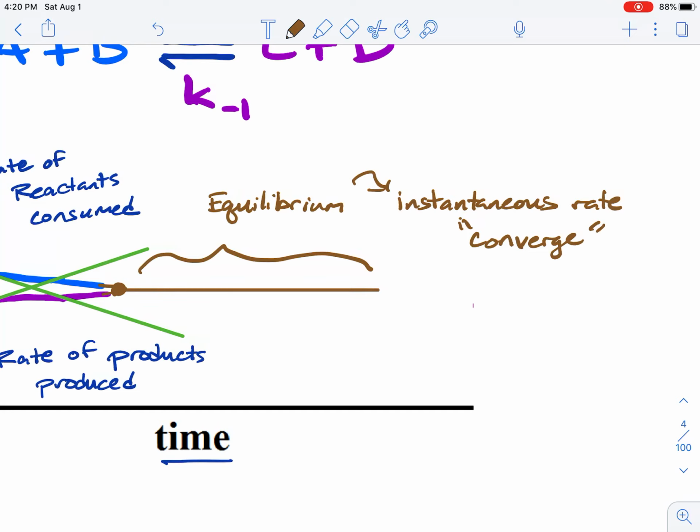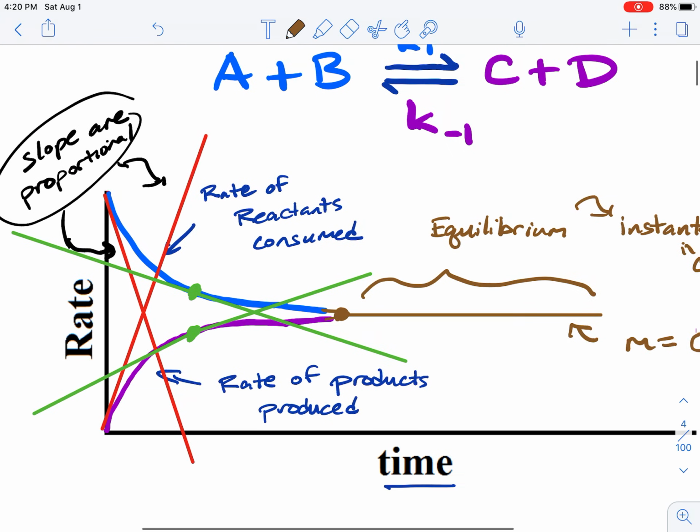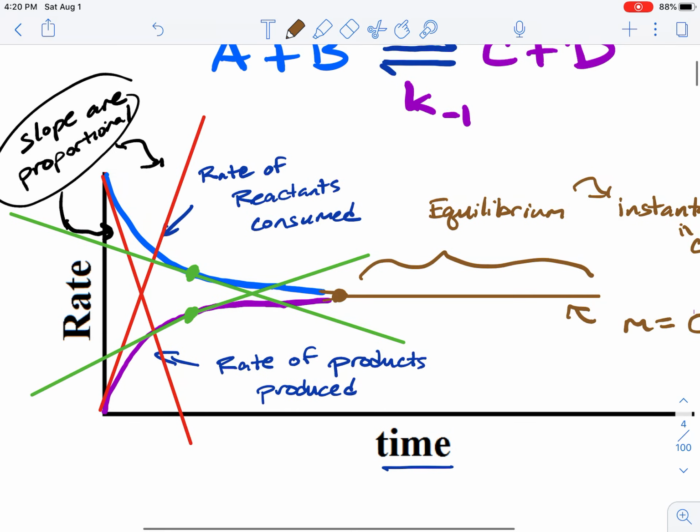And the slope of this line is equal to 0. Okay? And so here, if you want, you can say that the slope of this line is positive 10. The slope of this line is negative 10. I'm just making up random numbers. The slope of this line is going to be positive 5.